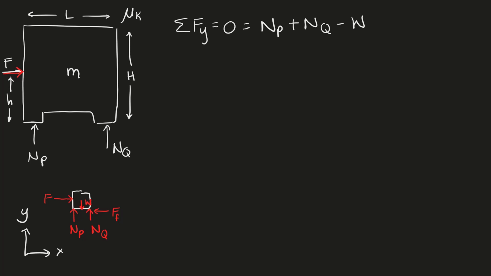And then we're going to sum the forces in the x direction. In the x direction, going right, we have F, and going left, we have that force of friction, just like that.